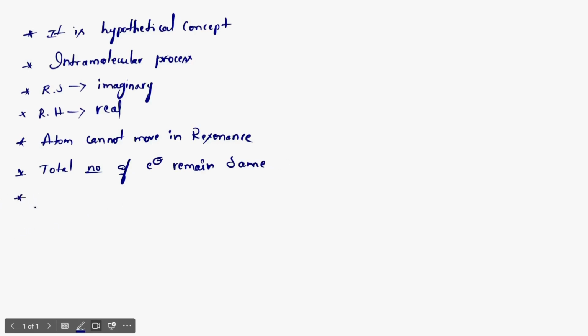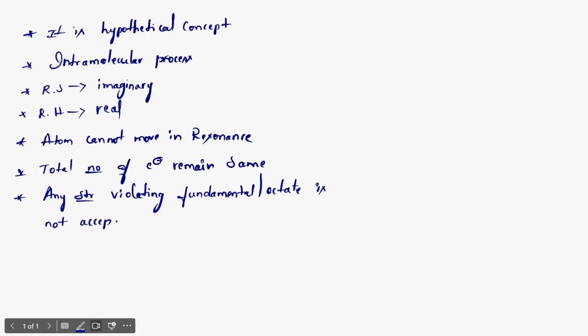Next point is, any structure violating fundamental rule or octet rule is not accepted as a resonance structure.